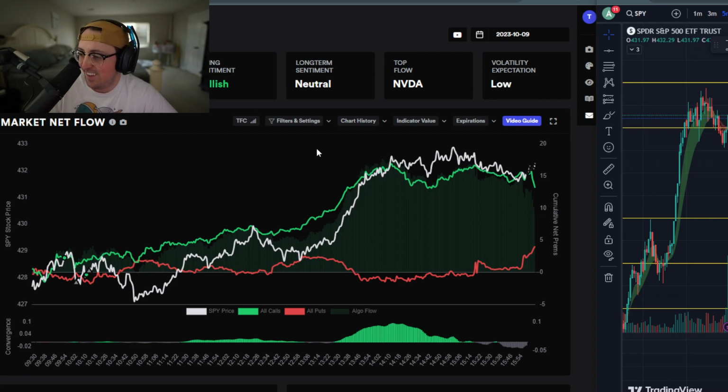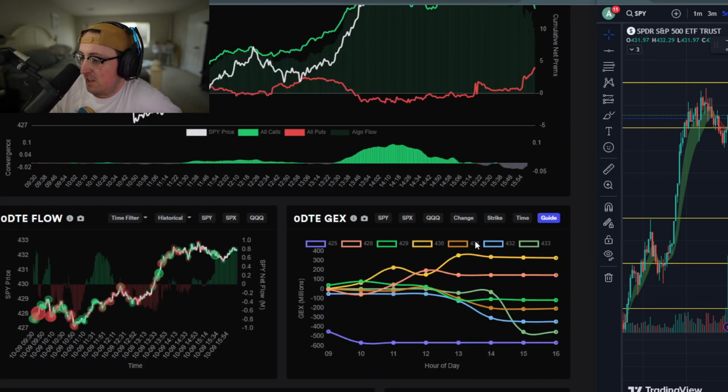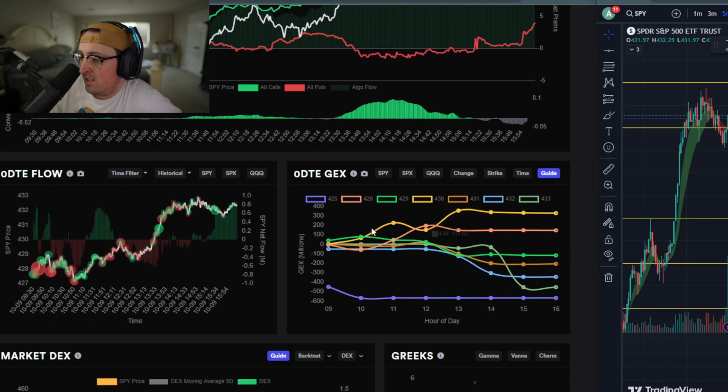So, okay, let's move on to the gamma exposure tool. These are levels that market makers use to dictate whether to hedge their position long or short. I'm going to try to explain this as easily and simply as possible for new beginners because it's very, very complex stuff. But it's really easy to use if you think about it, and I'm going to explain it so it doesn't confuse you, I hope.